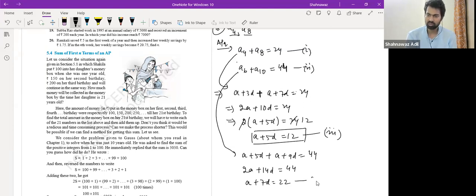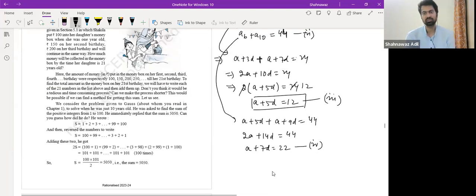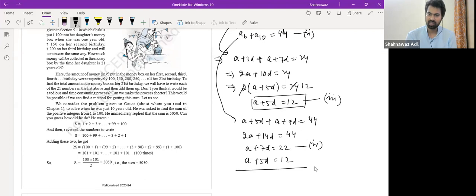This would be my fourth equation. Now, which method should we use, substitution or elimination? Elimination. So all hail elimination, right? Yeah. So a plus 5d is 12, and we can subtract. This cancels, and we have 2d is 10.